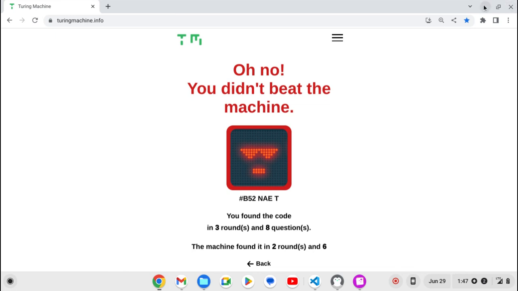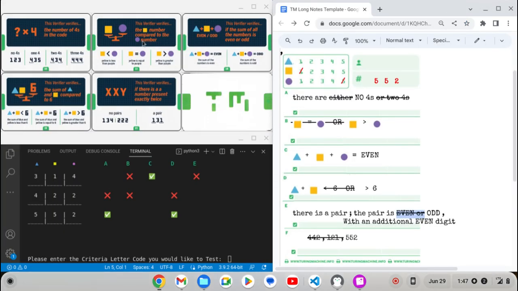More than likely, again, having to do with these two criteria cards. I probably should have tested D instead of either C or E, just to kind of get them out of the way. That may have helped out.